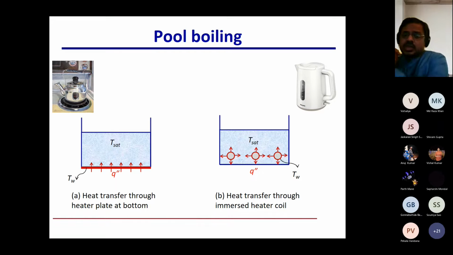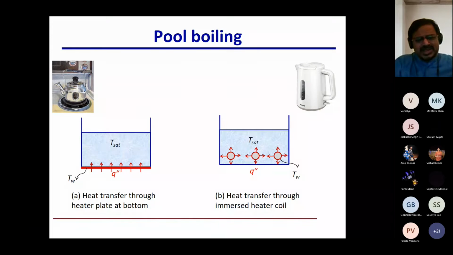You may be supplying the heat through this stove, whether gas or electric, but the pool of liquid doesn't know what exists outside. It just sees that it has a heated surface at the bottom and it is resting on that. So over here, bubbles will start to form.